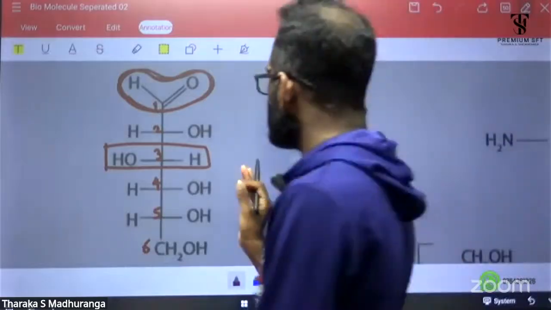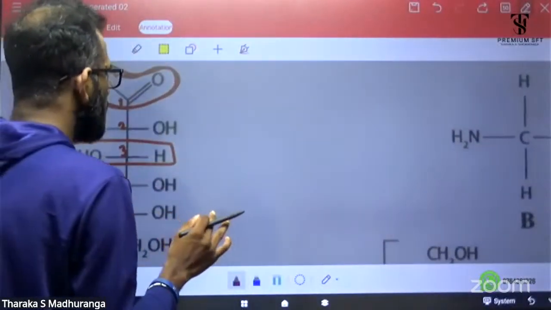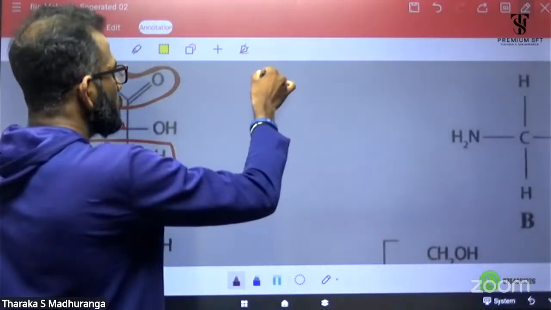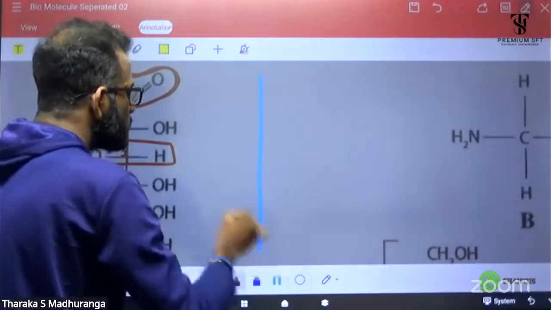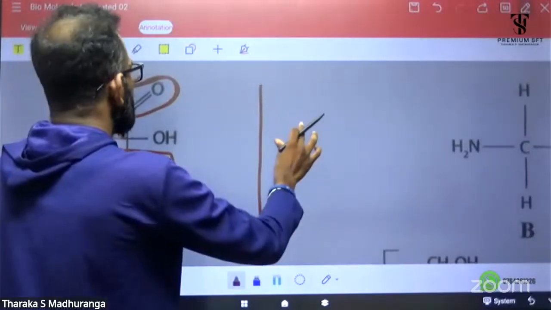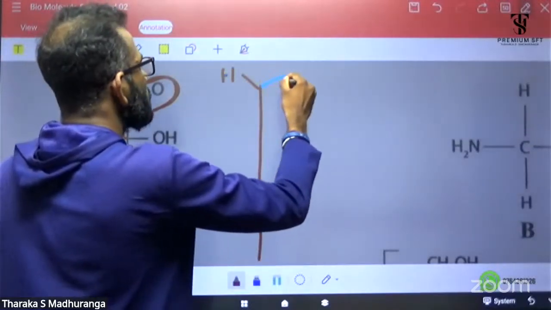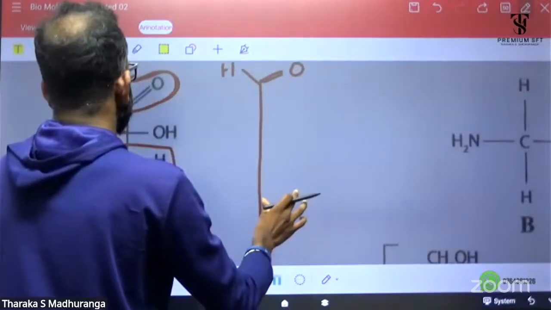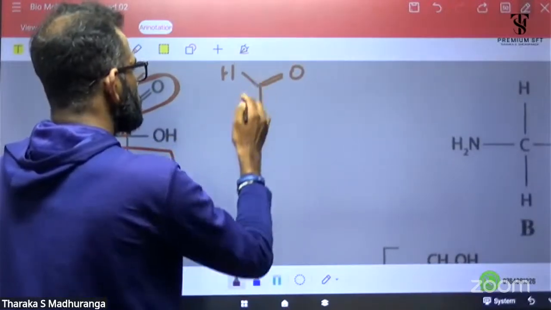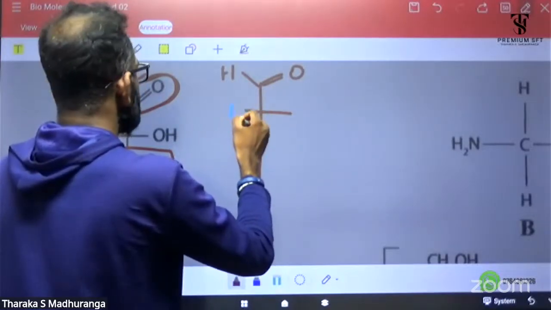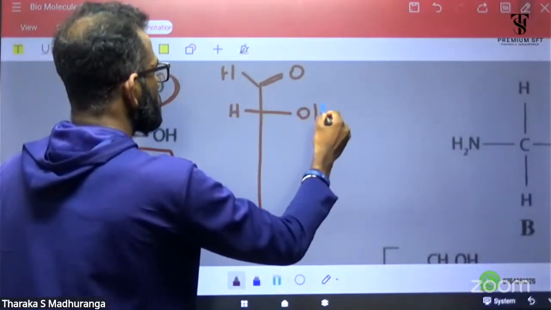If you want, I will draw the structure of galactose, then you can compare. This is galactose. I will draw in the same format. Hydrogen, oxygen. This is the first carbon. Second carbon, hydrogen, OH.